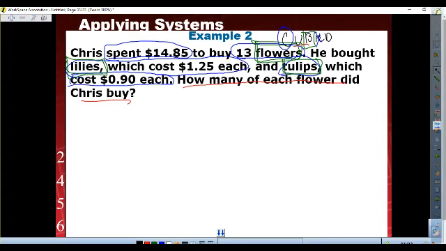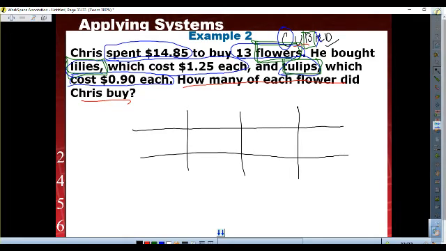Let's draw my table. 1, 2, 3 down, and 1, 2 across. This is the item and cost type of problem, so total right here. What are the items? We got lilies. I'm going to label that x. Tulips. I'm going to label that y.